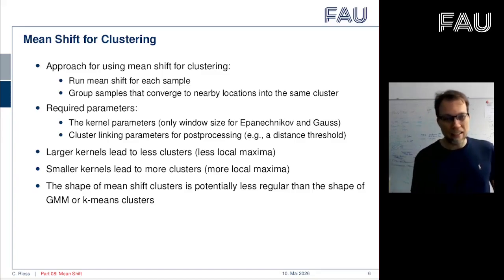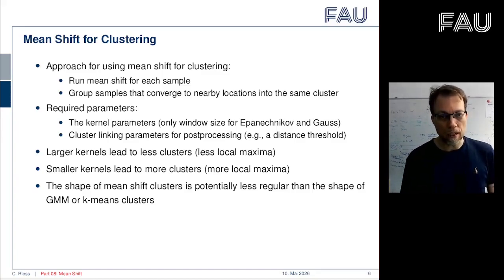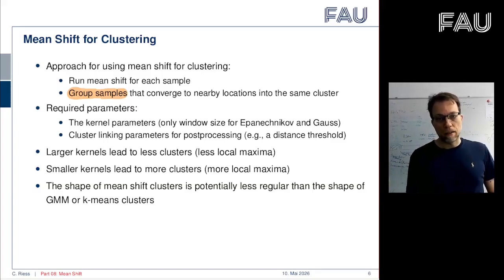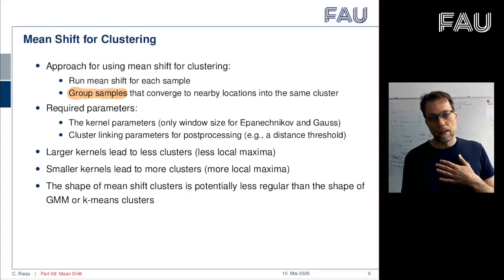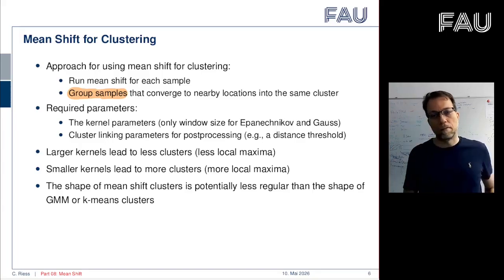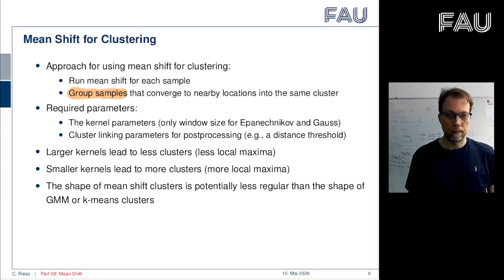And then I need a second processing step, some post-processing that groups together samples that converge to nearby locations. Yeah? So if I have multiple samples that essentially are at the same location, then I can merge them into one cluster. Okay.